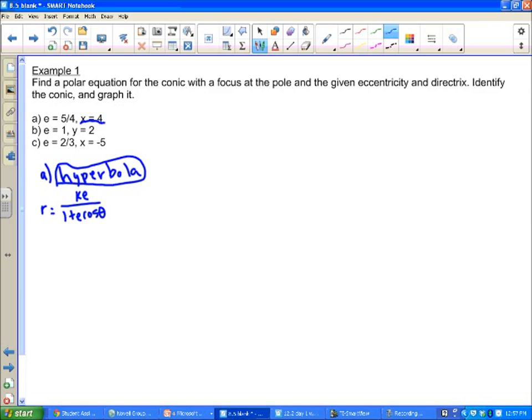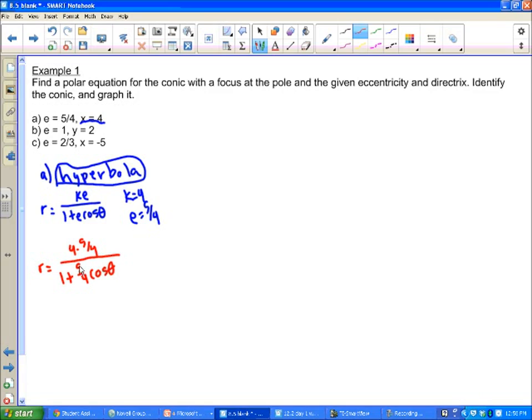Because this is a positive 4, that means k equals 4. We know that e is 5/4. We're going to plug all this in and figure out what our answer is. So r equals 4 times 5/4 over 1 plus 5/4 cosine theta.